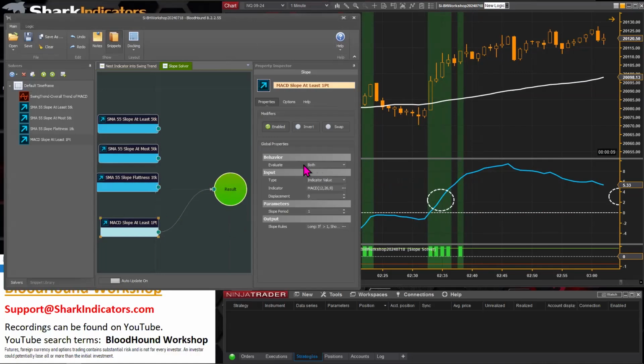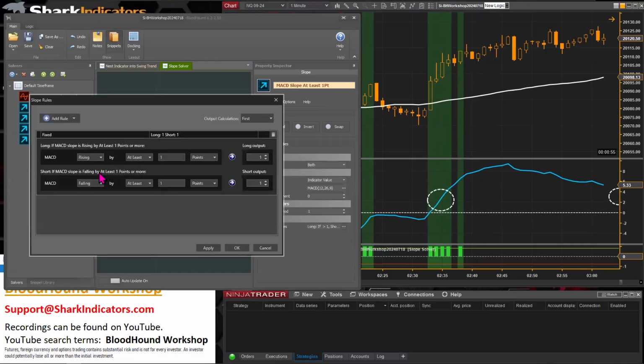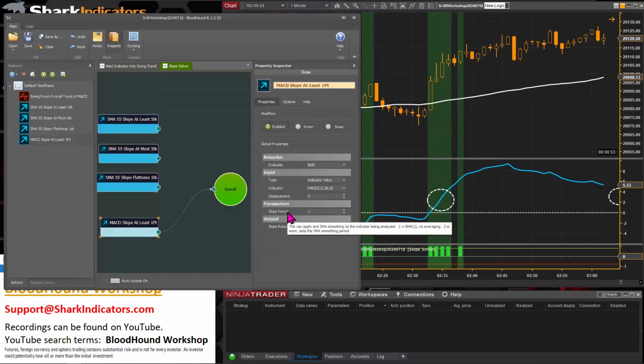So now let's go through the settings here. The slope solver really only has one setting. The real settings are inside the rules window here. This is the real settings here. But in the property inspector, we do have a slope period.